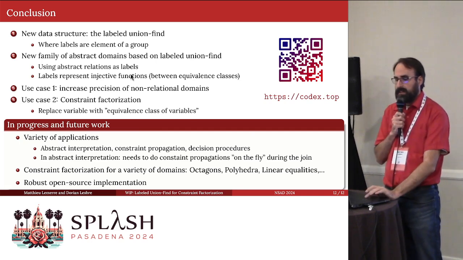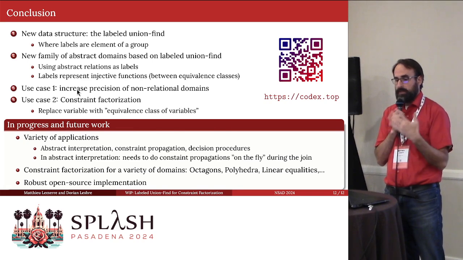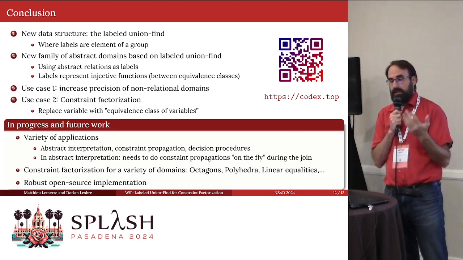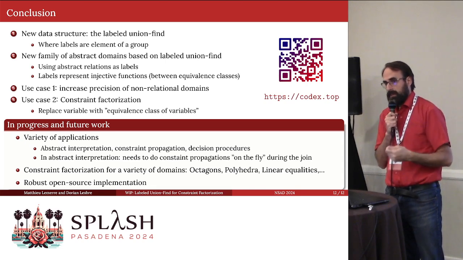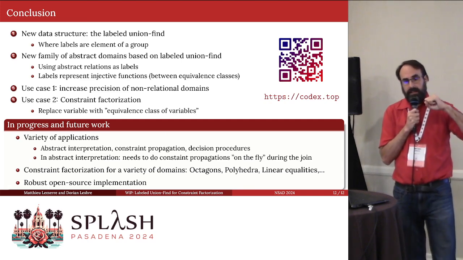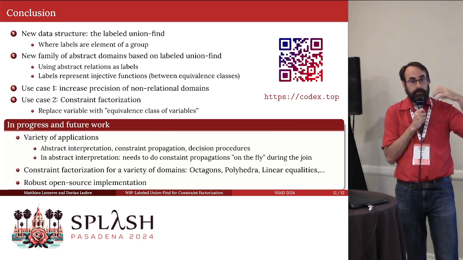And we saw that there are two kinds of use cases. The first is to use the domain as is, just to increase the precision of a non-relational domain. So if you have only a non-relational domain, it will be very useful. But if you have relational domains, we think that this domain can still be useful as a way of having fewer variables, because you can group variables together.